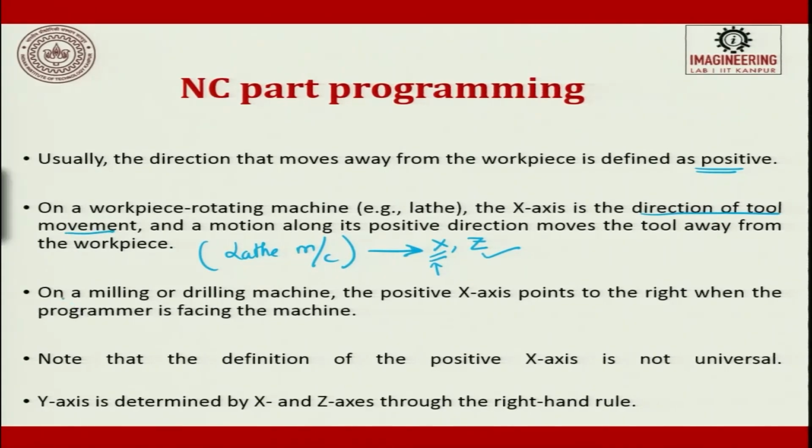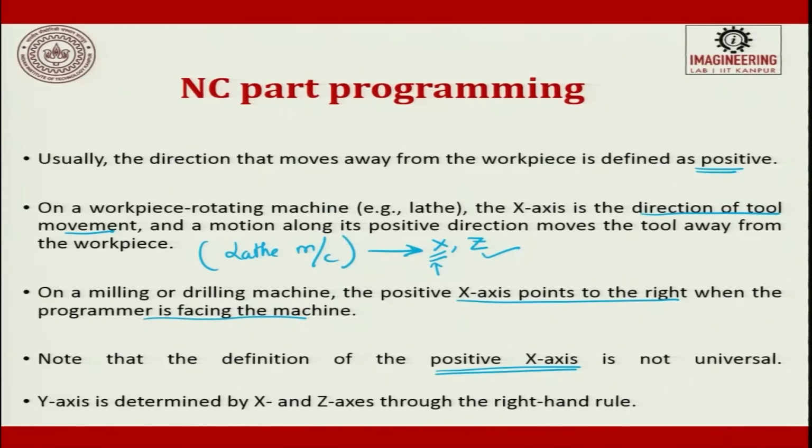On a milling machine or a drilling machine, the positive X axis points to the right when the programmer is facing the machine. Note that the definition of the positive X is not universal. Repeatedly I am saying these are conventions.